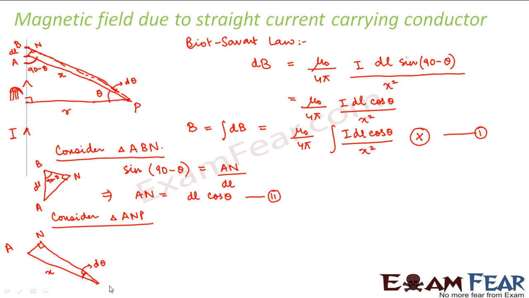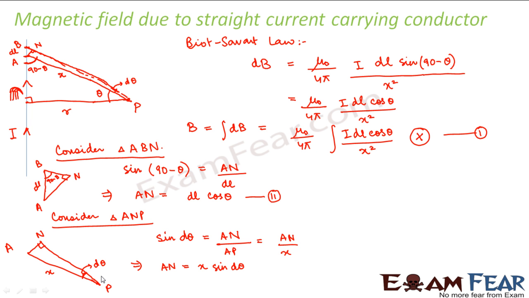This is A, this is N, and this is P. In this, sine d theta becomes equal to perpendicular by hypotenuse. Perpendicular is AN and hypotenuse is AP, so that is equal to AN by X. From this we can write AN is equal to X into sine d theta.